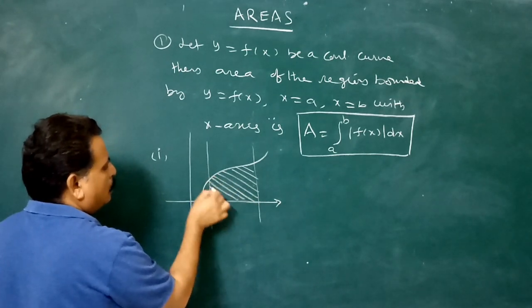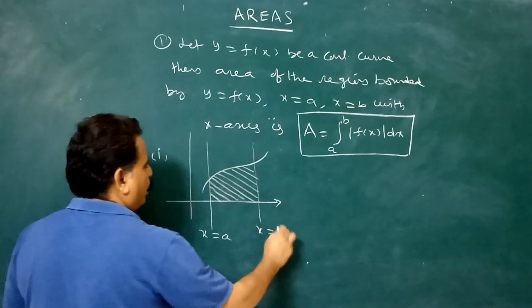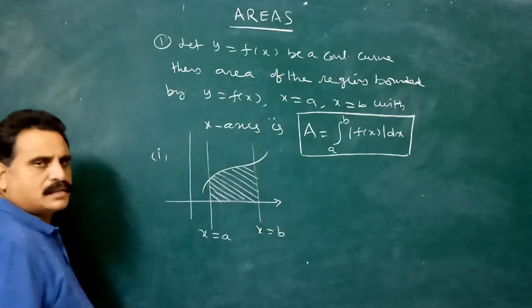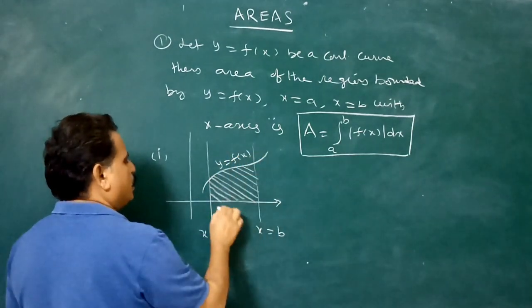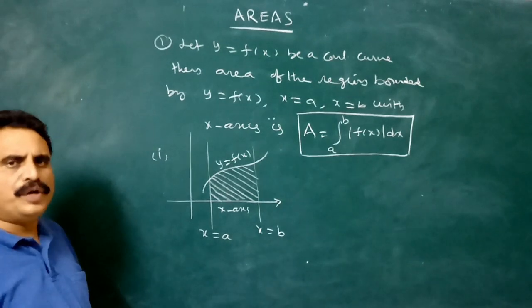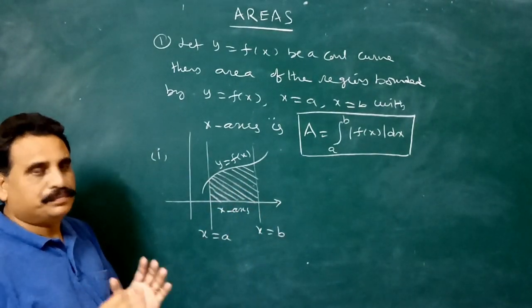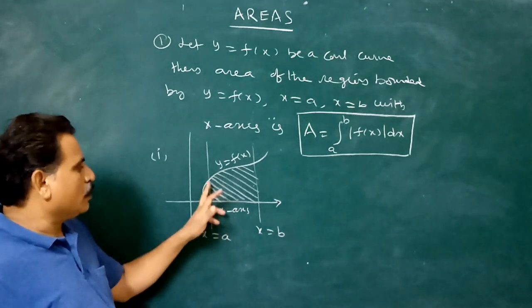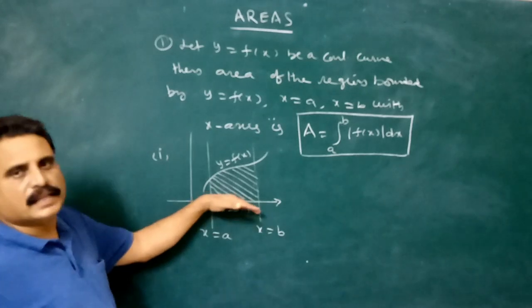X equal to a is a vertical line, x equal to b is a vertical line. These two are parallel to the y-axis. So clearly the region is not a regular region, not a fixed shape. It is bounded by the curve, the lines x equal to a, x equal to b, and the x-axis.